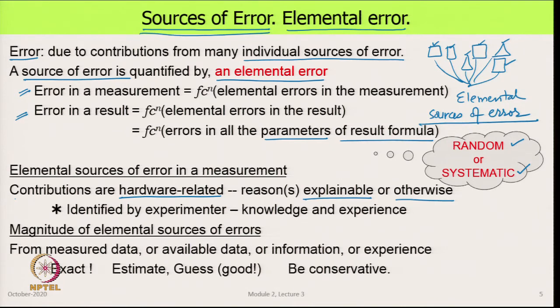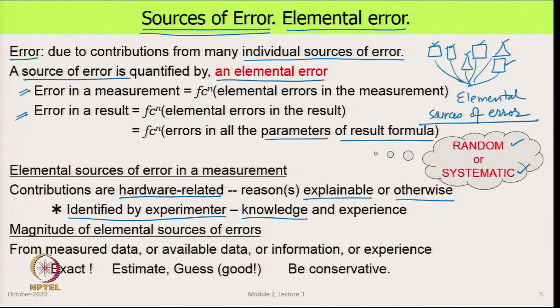So, two things are happening now. We said we need to identify individual sources of error. So, we call them the elemental sources of error. These have to be identified by the experimenter. If you are doing the experiment, you are the one who is expected to know what errors are coming into this. If you do an experiment once, you may not get the feel for it. You do it many times, you start getting a hang of it and say, look, this is what the problem is.